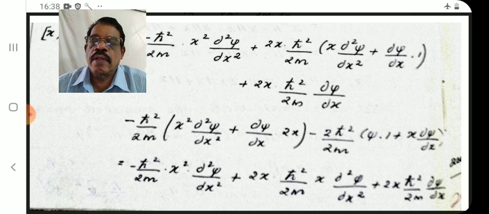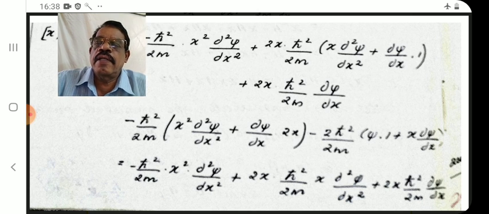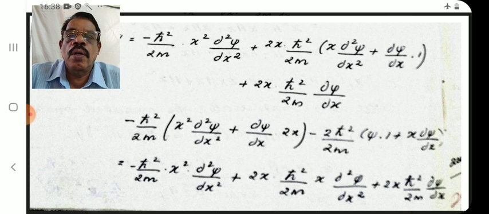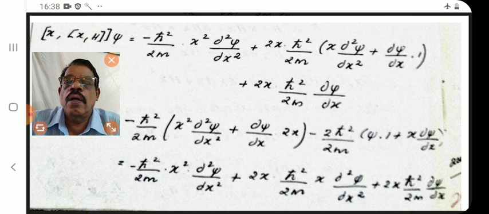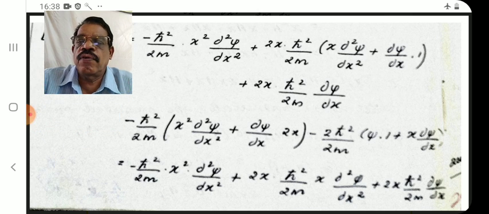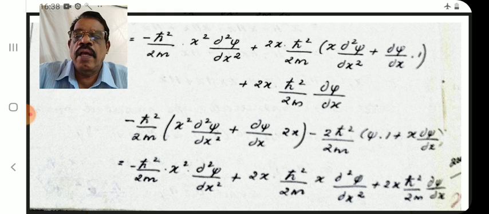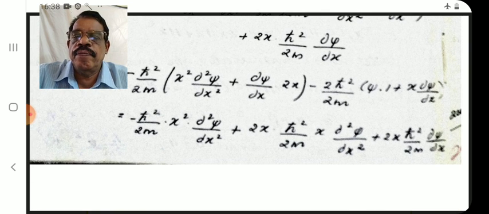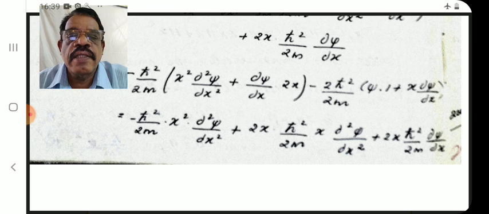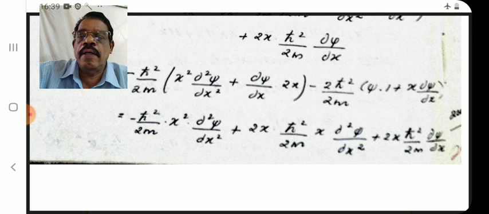That step contains how many terms you look? 1, 2, 1, 2. There is a term in the bracket also. 3, 4, 5 terms. Again we remove the bracket. Terms increase. Is equal to minus ħ²/2m x² ∂²ψ/∂x² plus 2x ħ²/2m x ∂²ψ/∂x² plus 2x ħ²/2m ∂ψ/∂x.